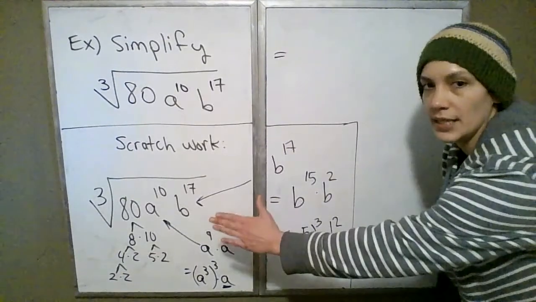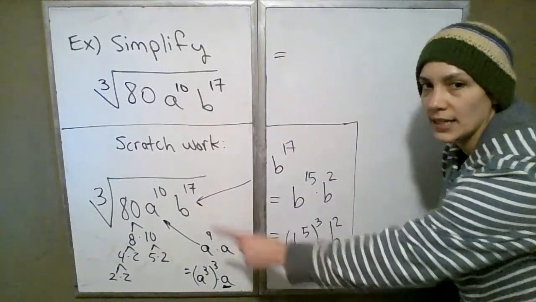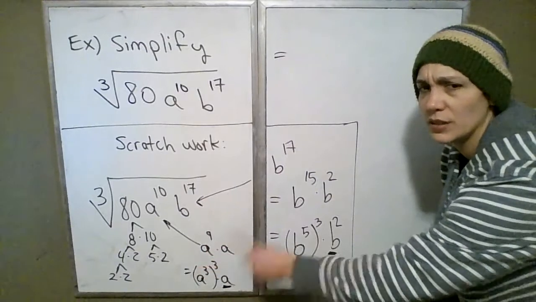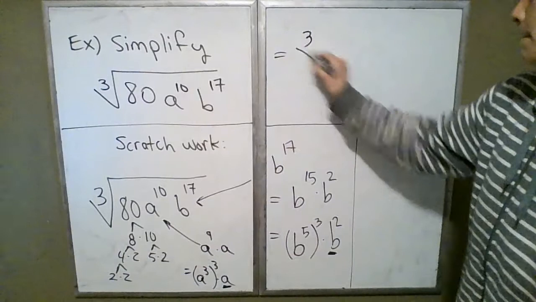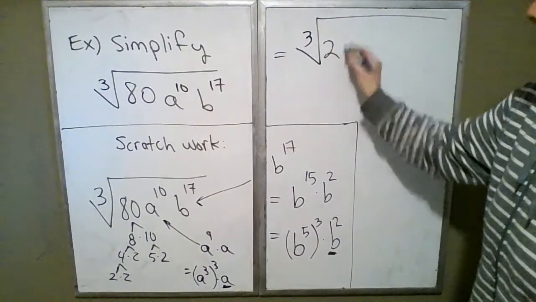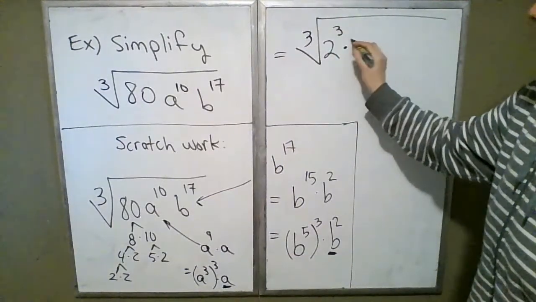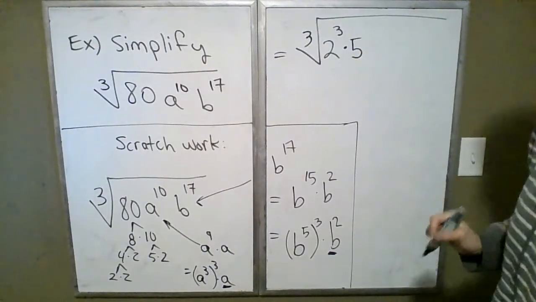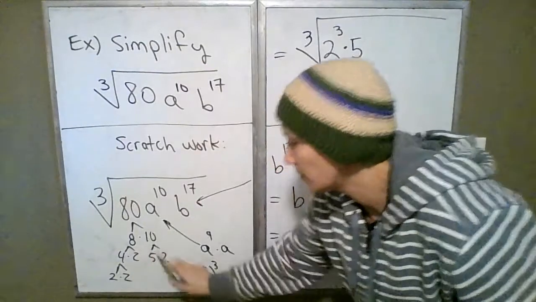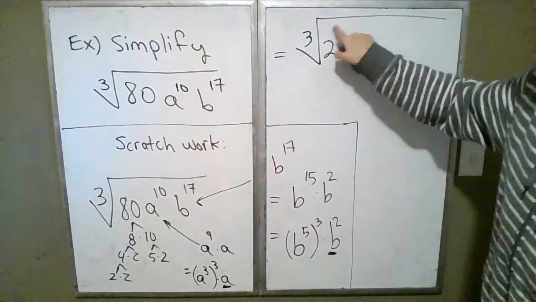Okay, so what we're going to do is take this and just rewrite 80 in its factored form. It would be 2 cubed times 5. All right, 1, 2, 3, 4. 2 to the 4th.